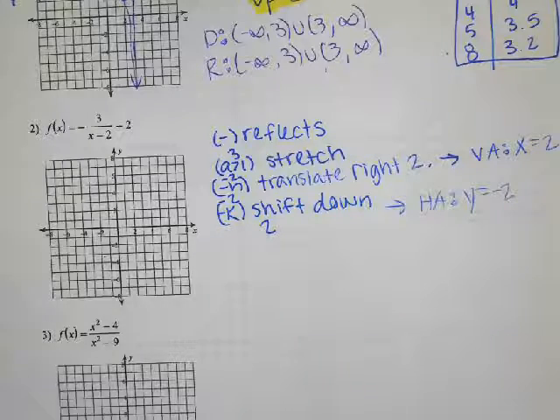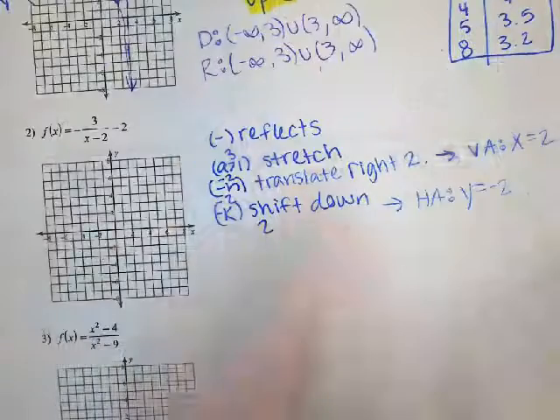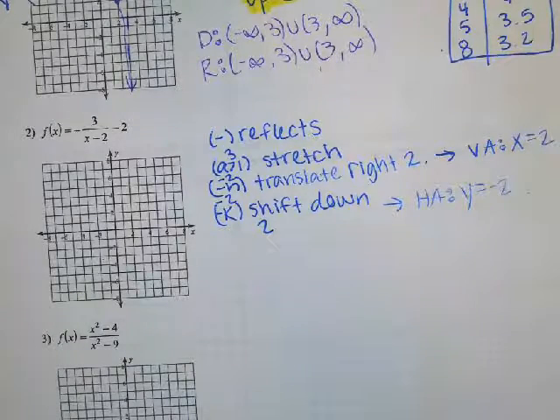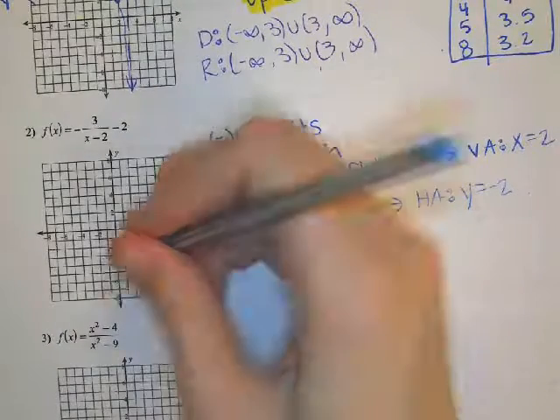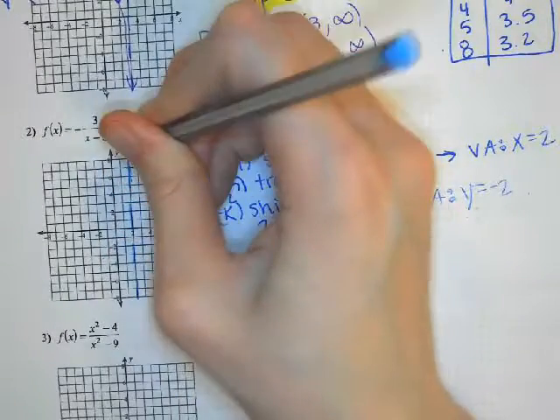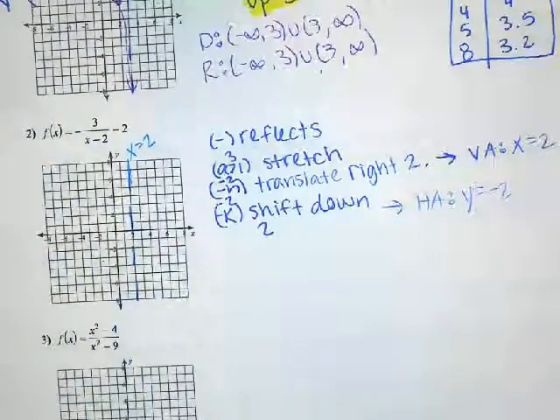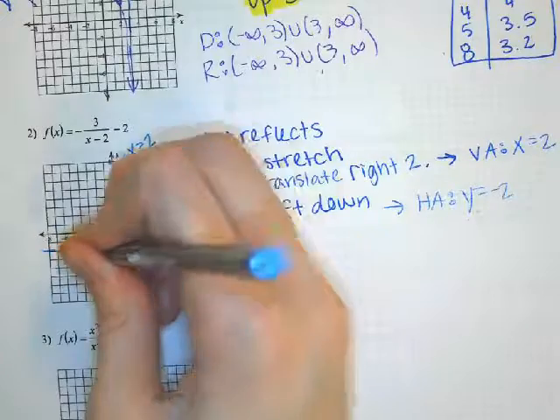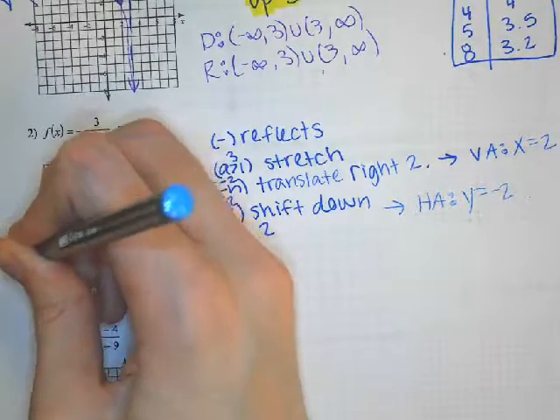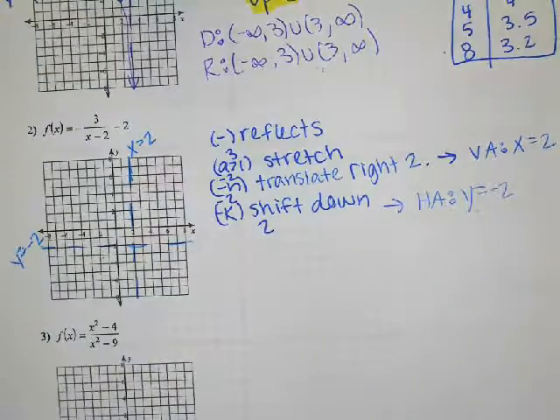Let's go graph it. So we got our asymptotes first, x equals 2. Graph your asymptotes. And then we got y equals negative 2. And fill in a table.